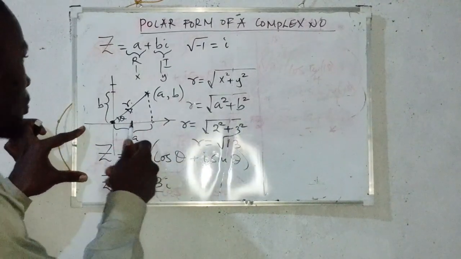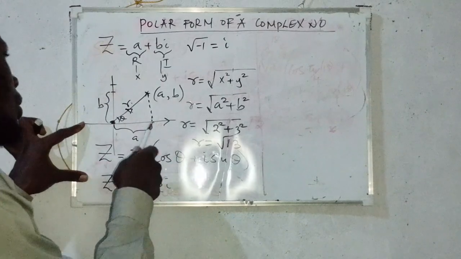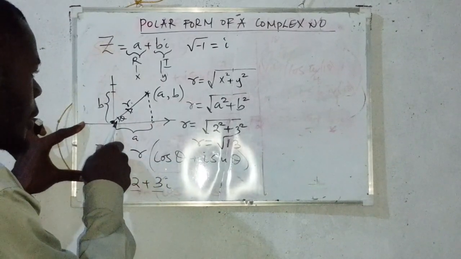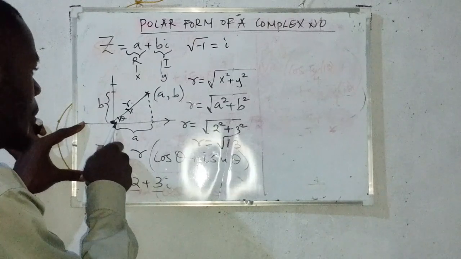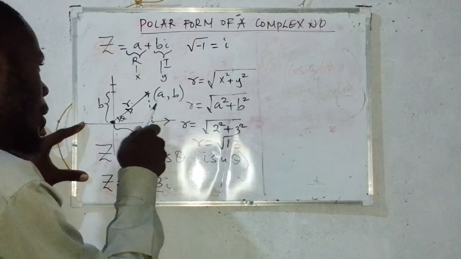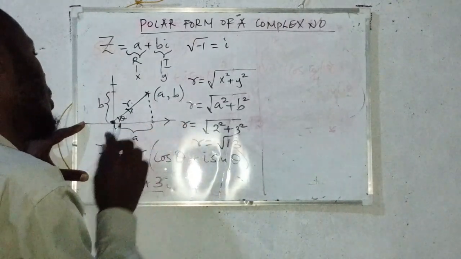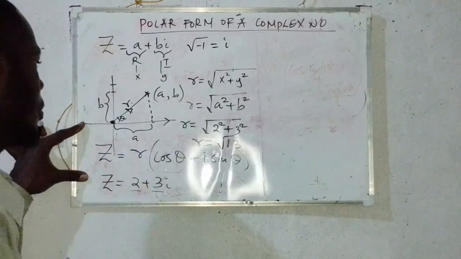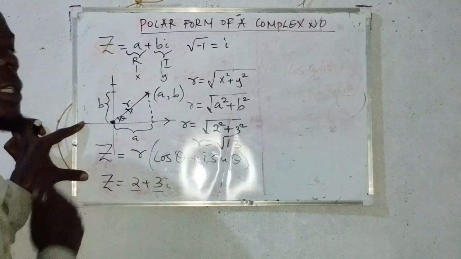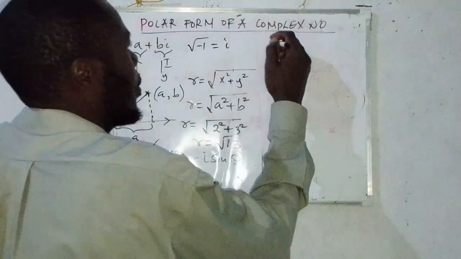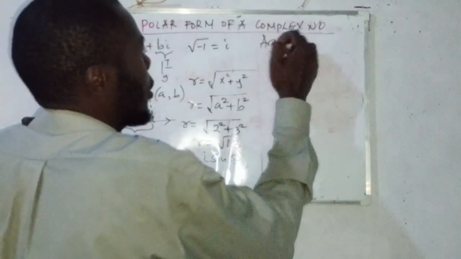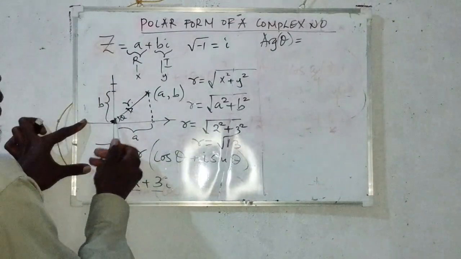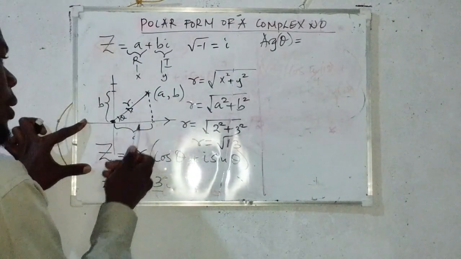Now we want to study this diagram. We will realize that we have this part, the opposite side, and this one is the adjacent. If you want that angle, or the argument theta, we have tan theta is equal to opposite over adjacent.